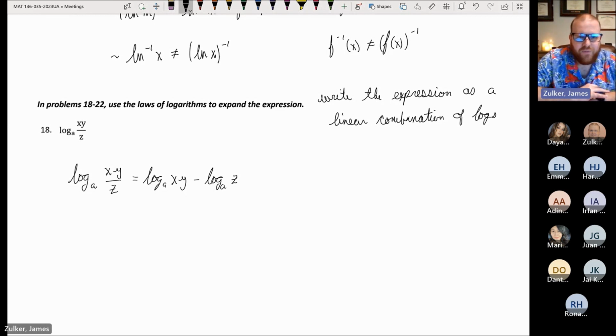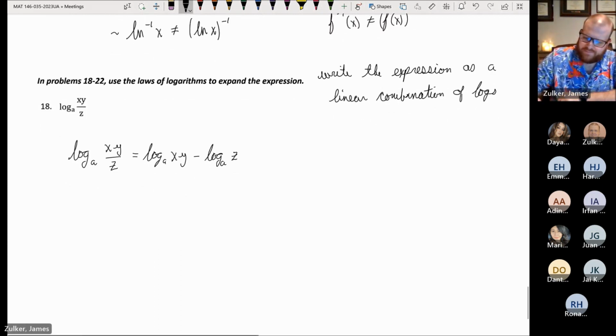It's the log of the numerator minus the log of the denominator. Then we notice this term here is the log of a product.